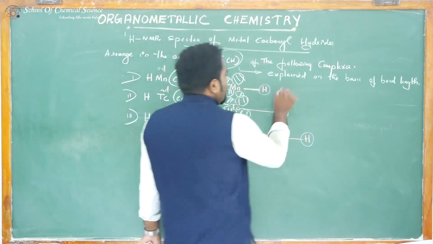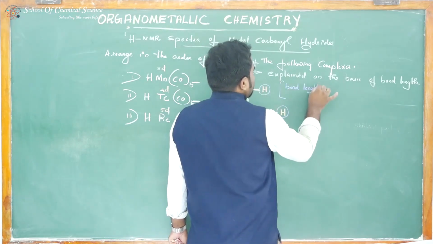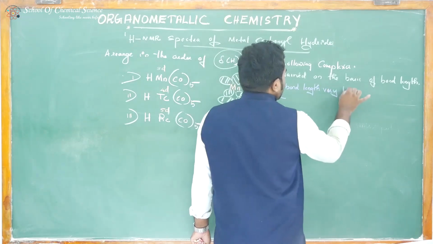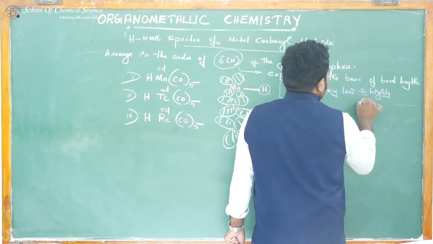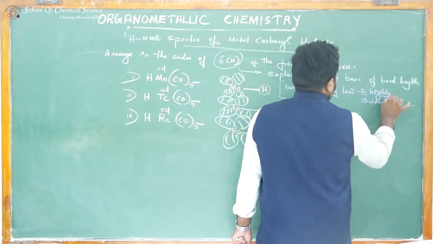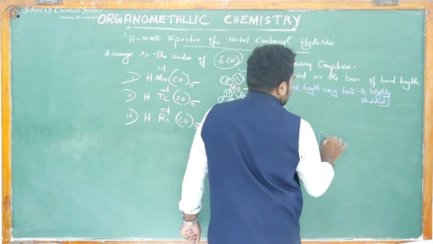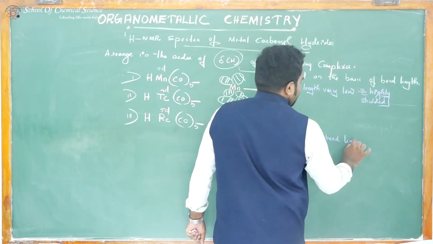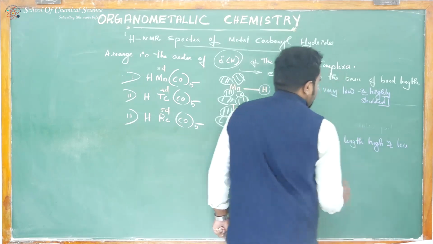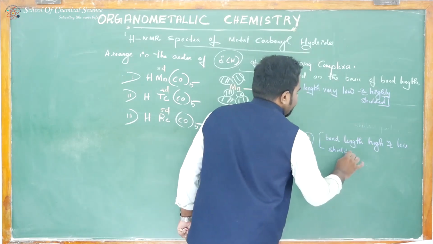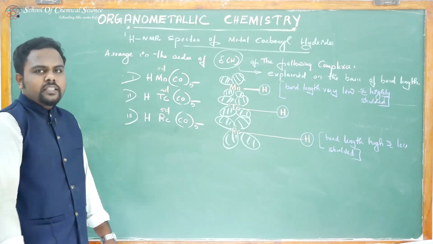So bond length very low means highly shielded. Here comparatively bond length is high and it is less shielded. So what is the order of delta value?